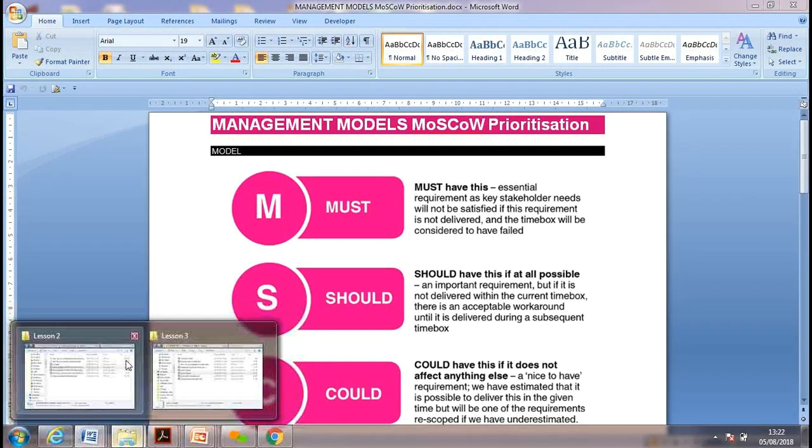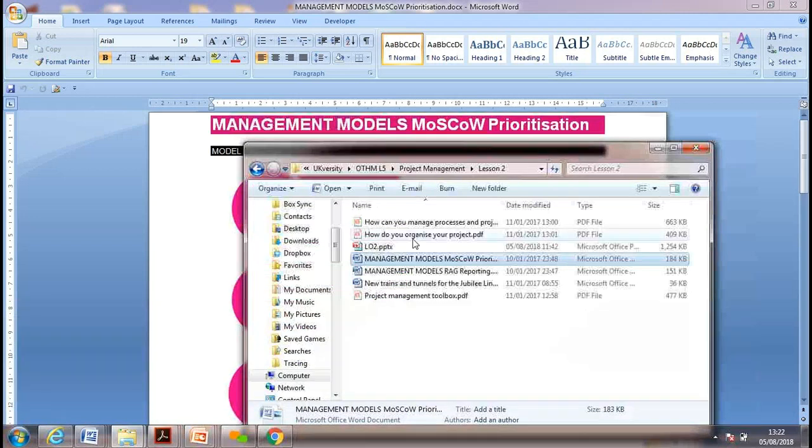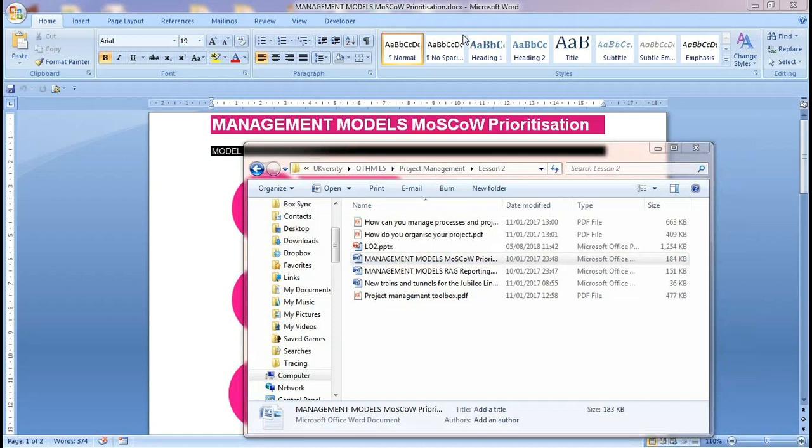You will find there how to manage processes and procedures in a project, and how you organize a project: the new train service tunnel for the Jubilee line in London. That's quite good. Please read the case study; the project management toolbox is quite good to go through. Those are good documents from the project management perspective.